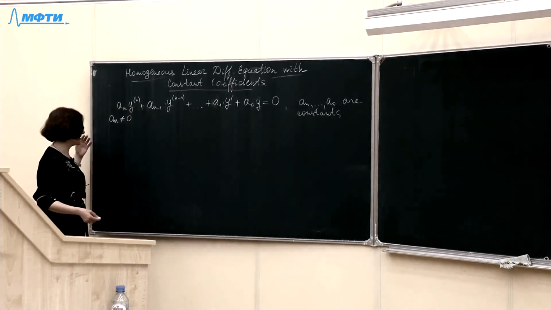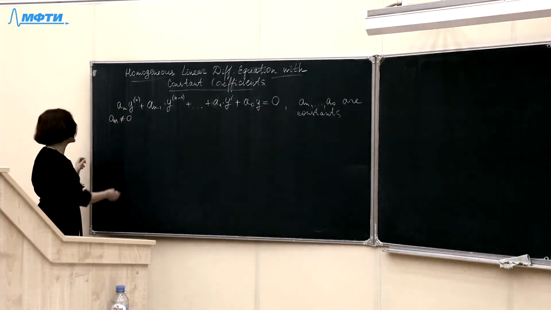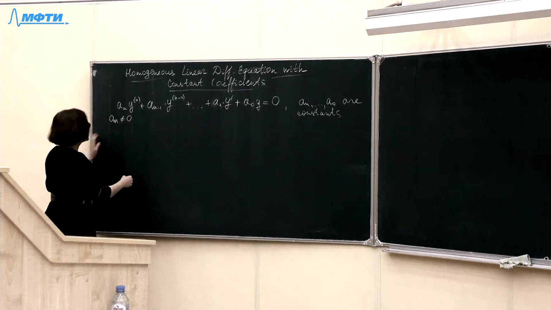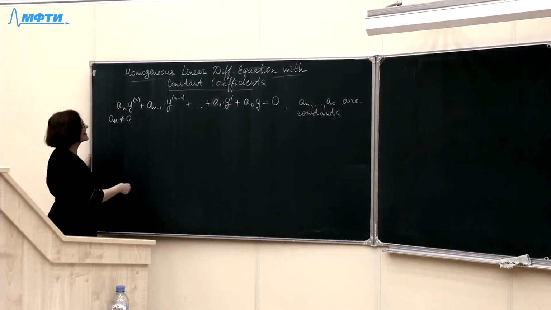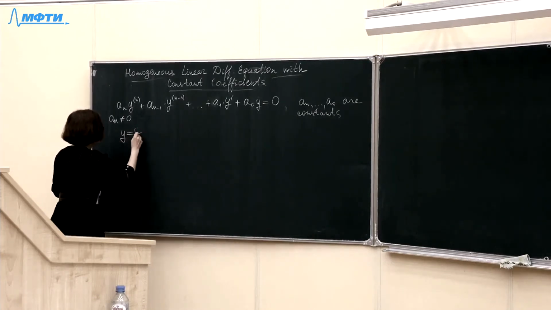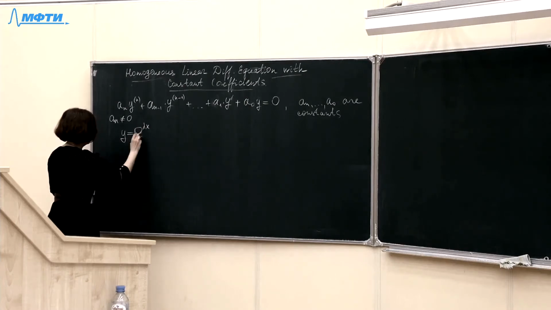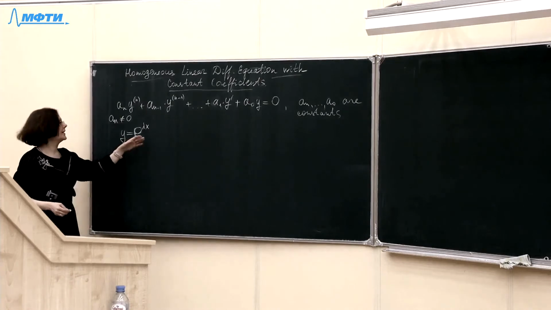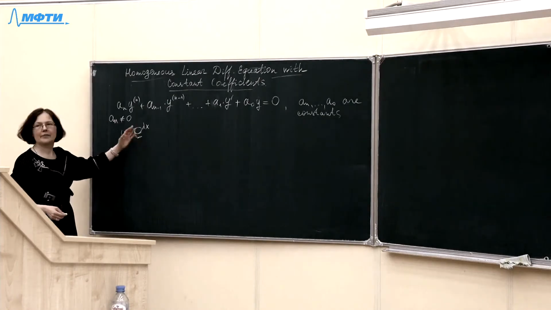And so by guess, we will look for the solution in the form y equals e to the power lambda x. So we guess that our solution will have this form.